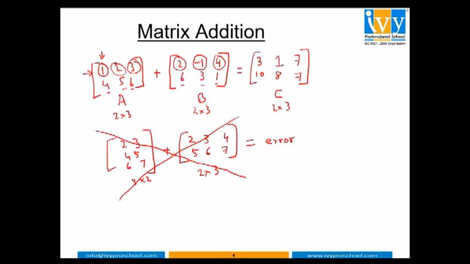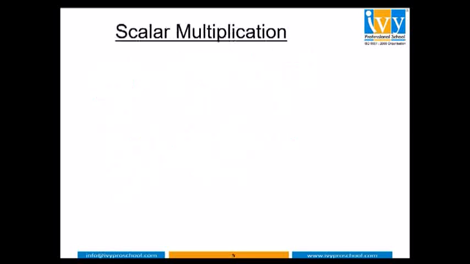Now, let me introduce to you another concept called scalar multiplication. So, a vector or a matrix, take any one for example, minus 1, 4, 3 suppose. Scalar multiplication is simply multiplying a single number with the whole of that matrix.